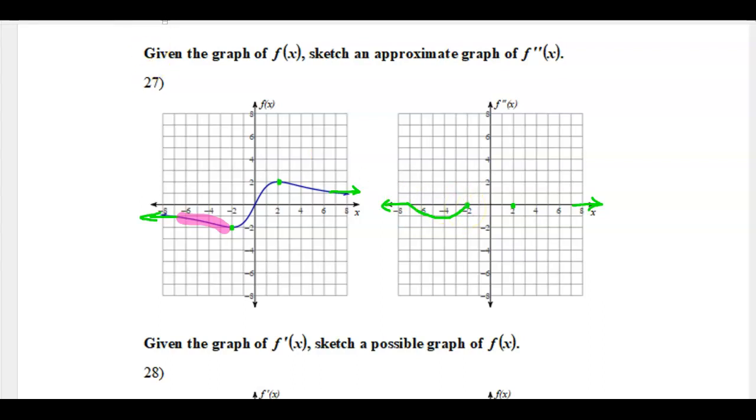And then on this interval from here to here, it's a positive slope, and therefore, on my derivative graph, it's going to be above the x-axis as I connect those dots. And then finally, the last section here, we've got a negative slope again. So as I connect those dots, it's going to be below the x-axis again, like so. And there's my first derivative.